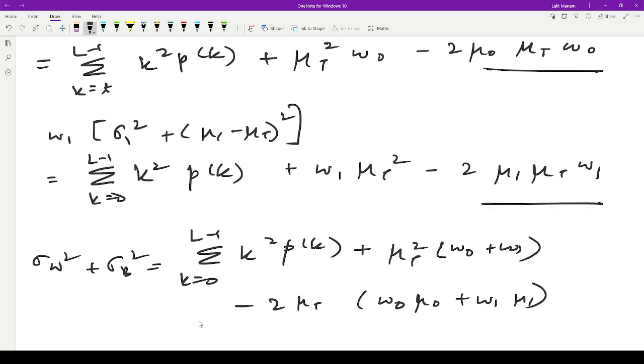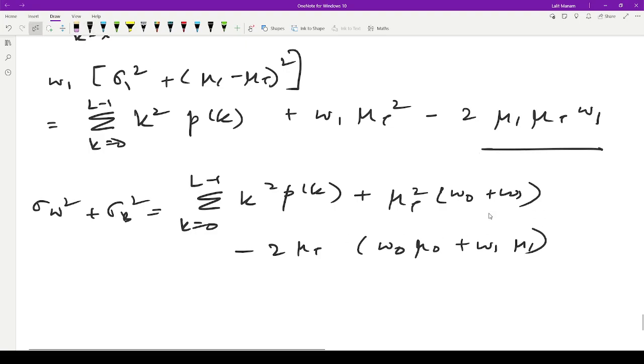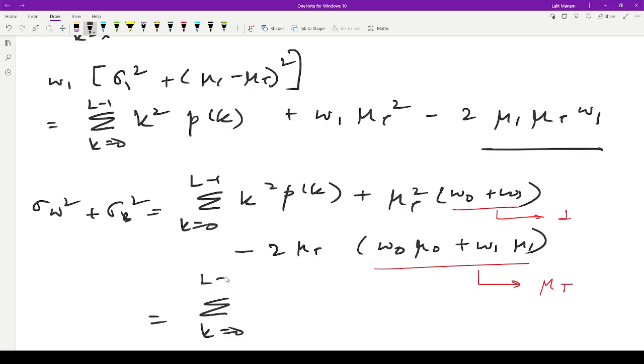That's all. So previously we have seen that w naught plus w1 is 1, and this we derived as the mean intensity value, which ultimately gives us this expression, sum of k squared pk minus mu t squared. This is again nothing but the total variance.